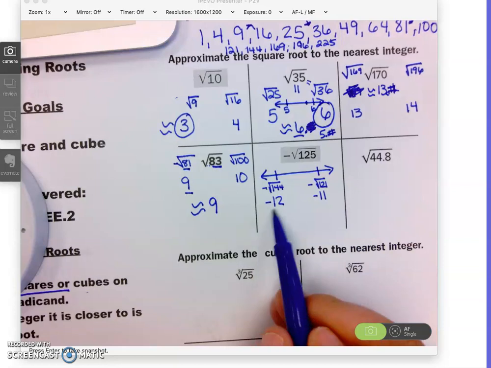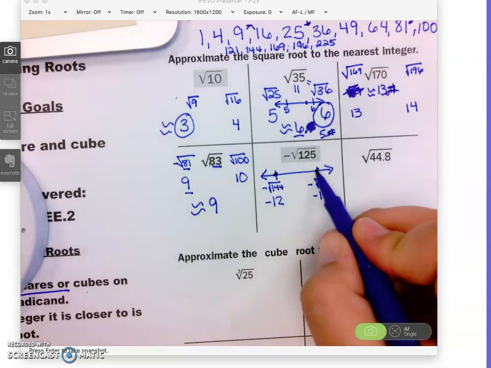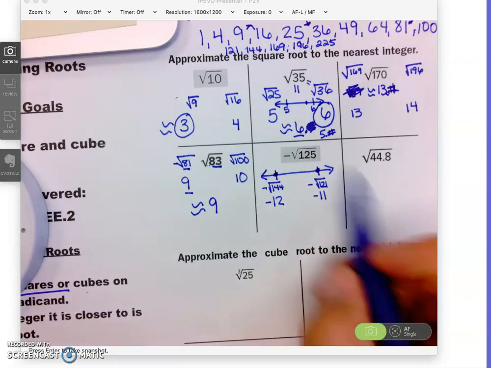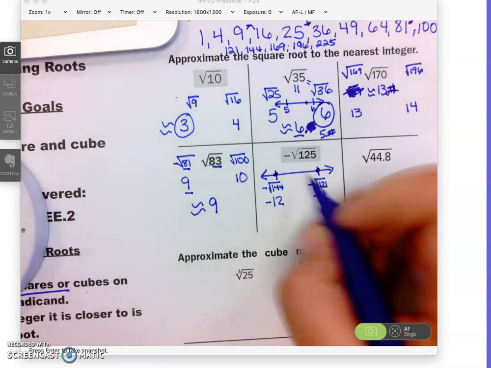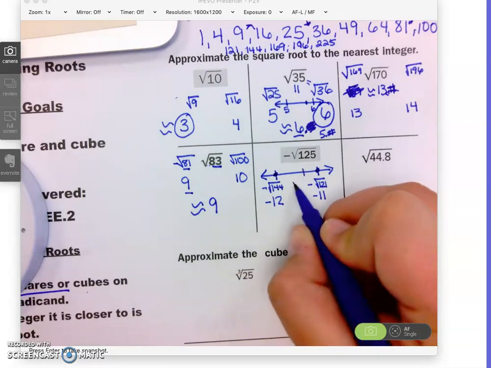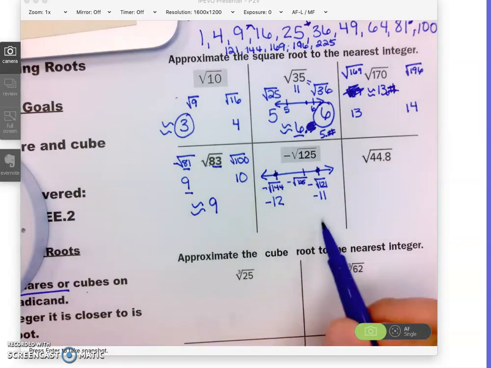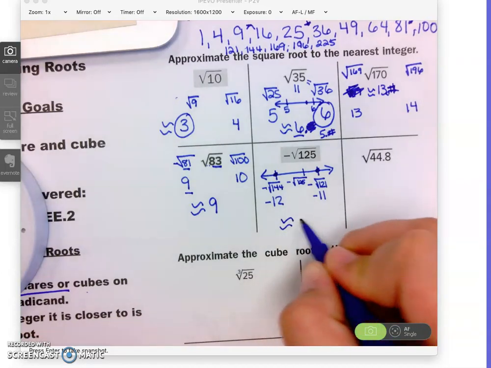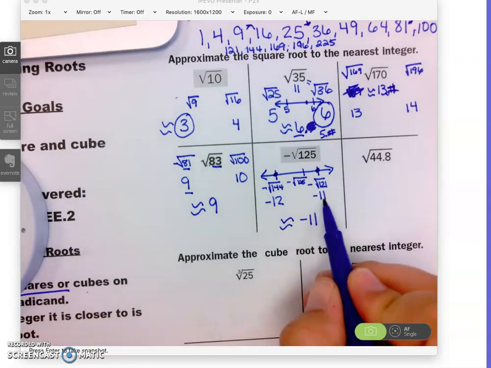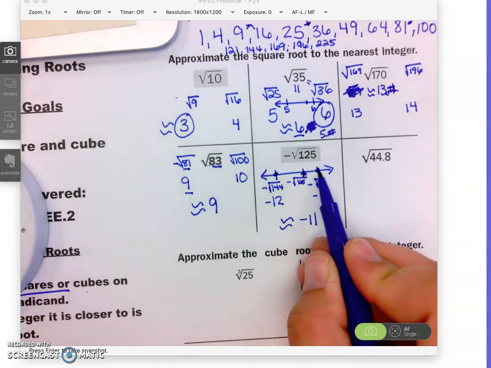Now if I have a negative 12, that's this notch here, and this is negative 11. And this number right here would go in between these two and be closer to this one. So it would maybe go here. So the negative square root of 125 is going to be closer to negative 11, approximately negative 11, because it's closer on my number line to this dot here.